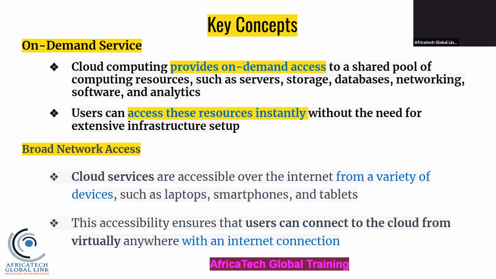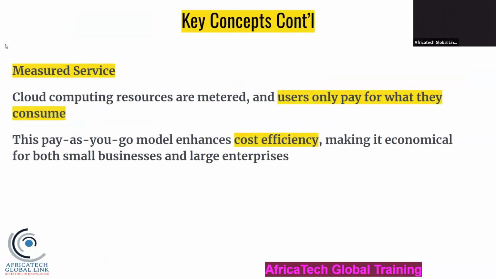This accessibility ensures that users can connect to the cloud from virtually anywhere with an internet connection. As long as you have internet, you can connect. You can just go and retrieve your stuff. Before, I needed just a computer to retrieve something, but even with your phone, they are making it accessible. Even if you have a tablet or a laptop, anything you can have, okay?